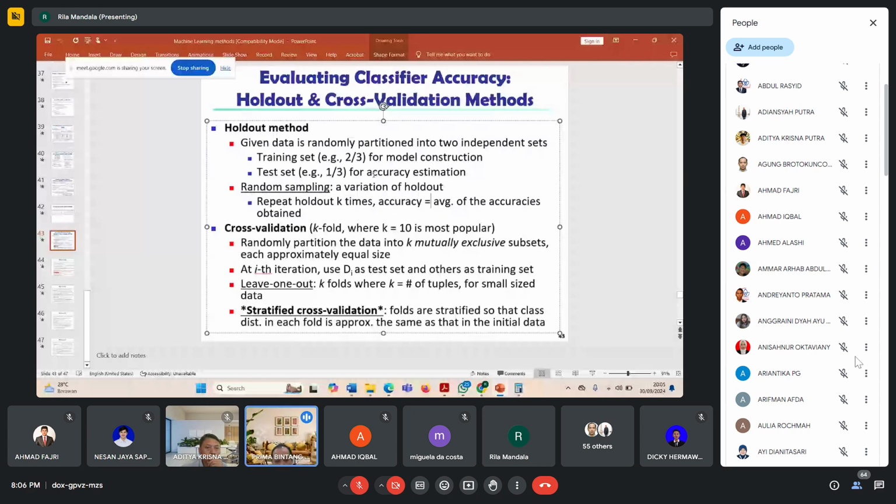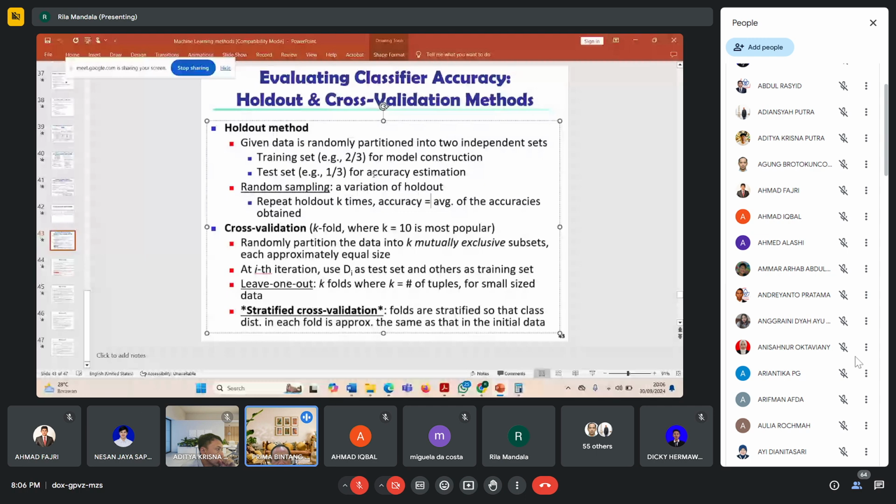Sir, that is for the composition. No, I mean the percentage of the data that we use. What about the composition, sir? Like last time you said, if we divide into two classes, it's better to separate the data with the same composition.